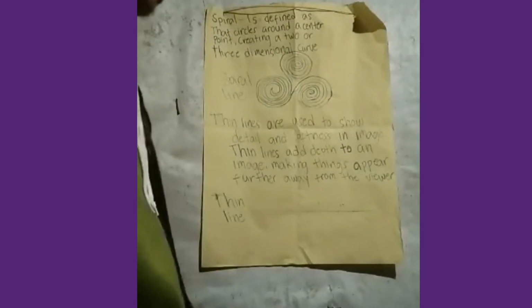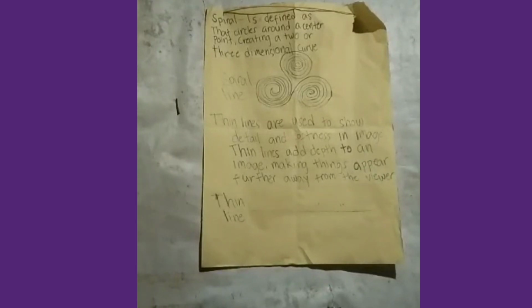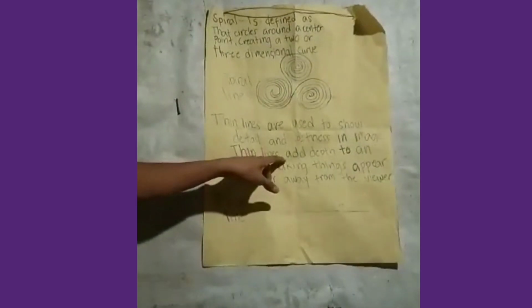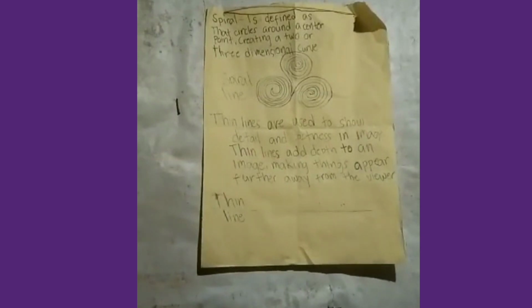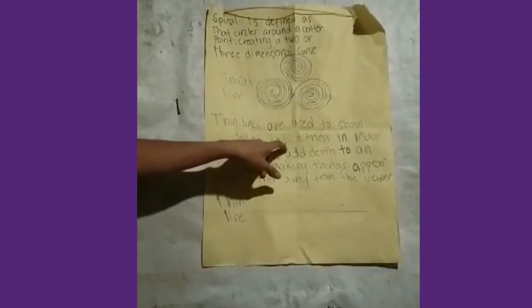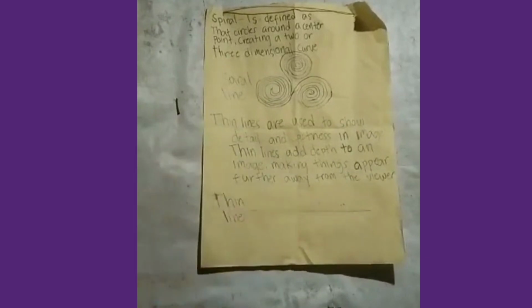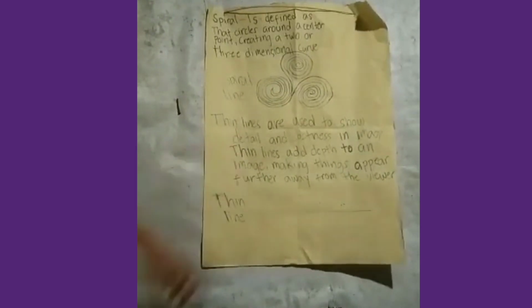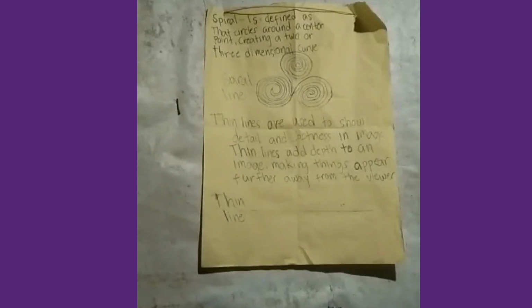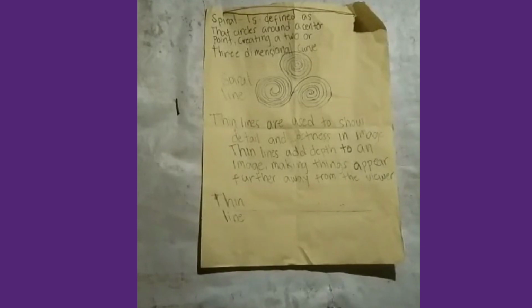So, thin lines are used to show detail or softness in the image, to add depth to an image, making things appear.